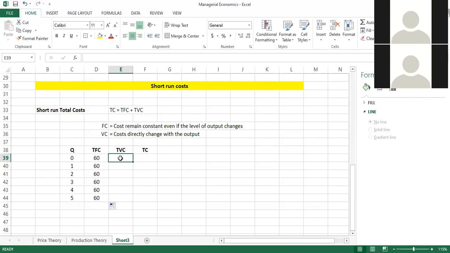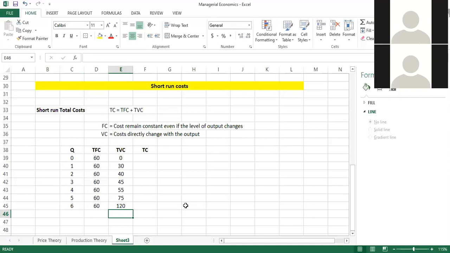The variable cost will change. If the output level is zero, what will be the variable cost? Zero. And when output level changes, the variable cost will change. Usually the variable cost will increase, so there is a normal pattern of change in the variable cost.